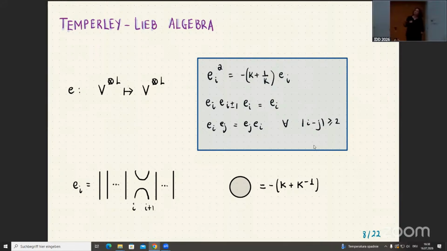You see that you have a quadratic relation: when you square it, you go back to itself with a coefficient. But you also have cubic relations. If you do E1, E2, E1, you get E1 again. So if they are close to each other, you get this relation. But as soon as you go more than one apart, they commute. You can represent them. They are very nice.